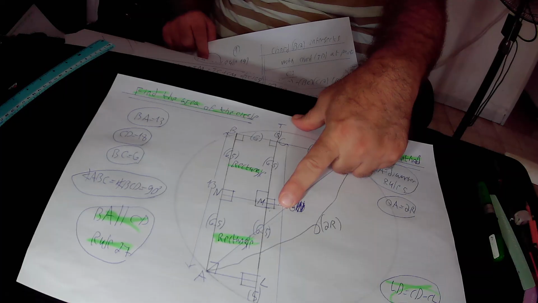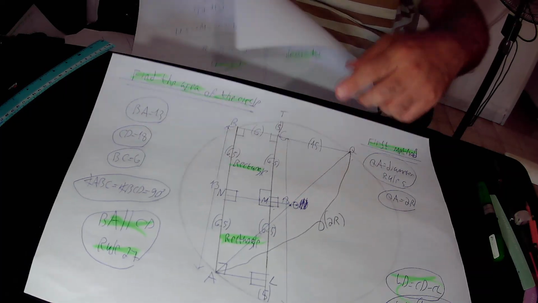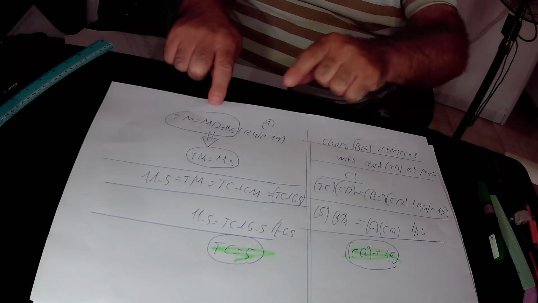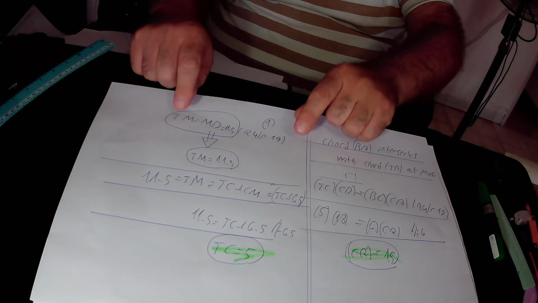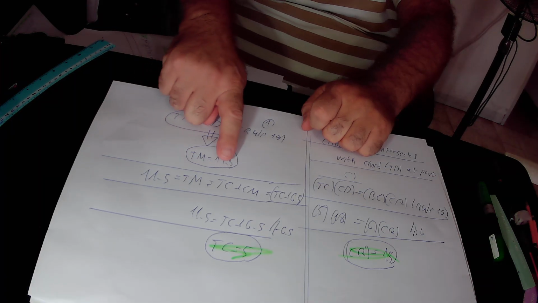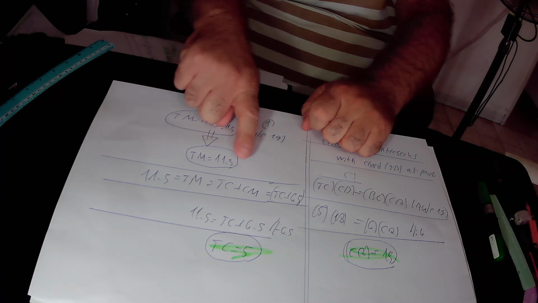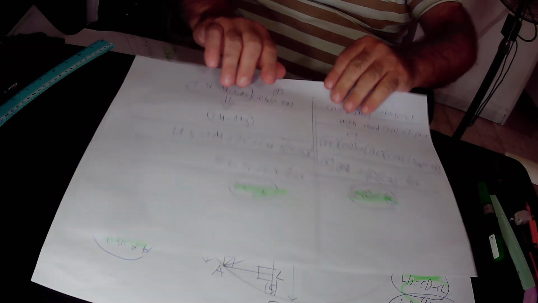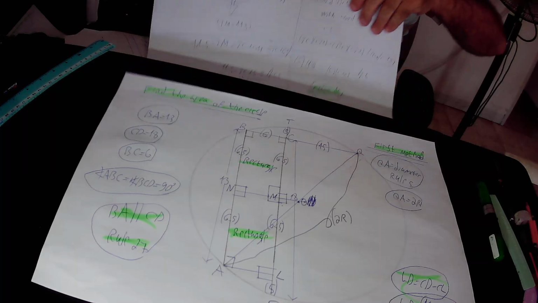But from the other side, TM also equals TC plus CM. TC is the missing side and CM is 6.5.